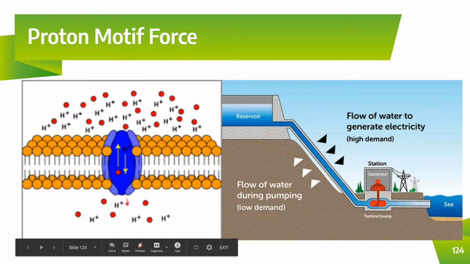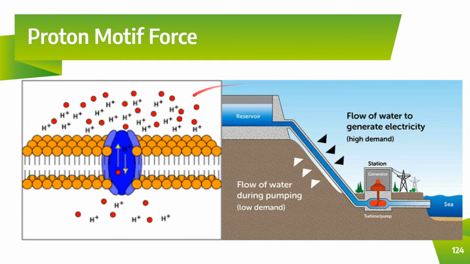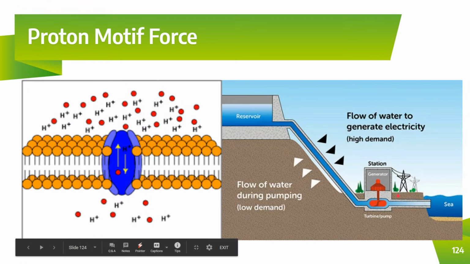So there is a certain energy that is necessary for concentrating them on one side, right? Very similar to if you were to think about pumping water up a hill. It takes a lot of energy to give it this potential energy, which, if you let it run down the hill, is released again as kinetic energy.